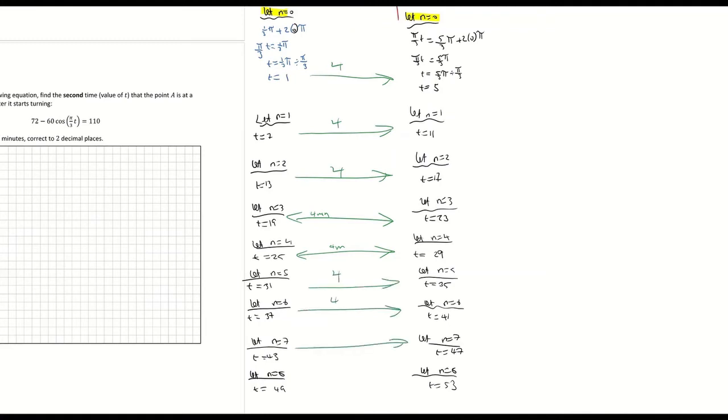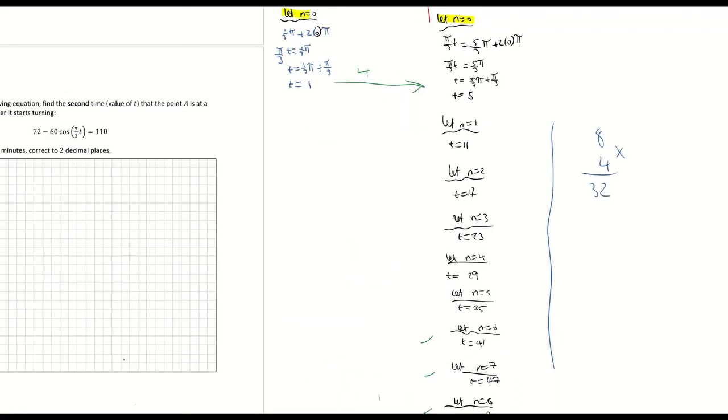So how many 4s is that? 1, 2, 3, 4, 5, 6, 7, 8, 9 4s. But we need to exclude this one because it goes from 49 to 53, above the 50-minute period. So that's 8 4s. Therefore my solution here would be 8 times 4, which is 32.